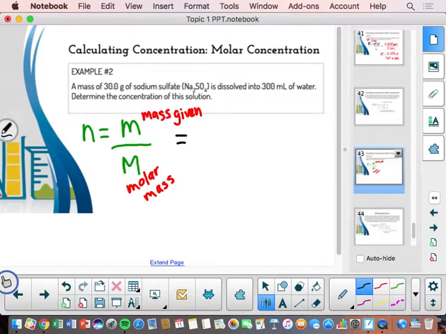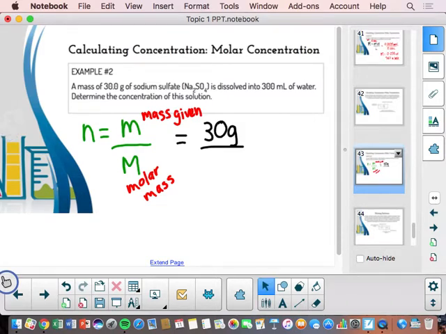So let's do that. We've got 30 grams given of sodium sulfate. It gives you the symbols for that, Na2SO4. There's a lot of things we need to calculate there. I'll write it above here.